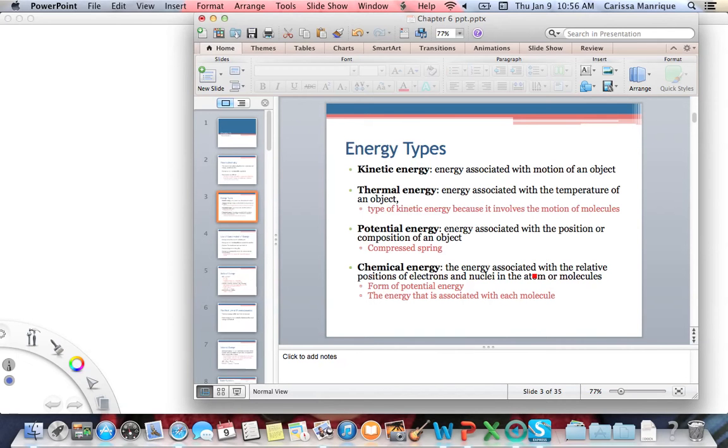We haven't reacted the chemical yet, but it has the potential to react and transform into kinetic energy. So it's the energy every chemical has that can be released when it reacts. There's the energy of when it's actually reacting, which is called thermal energy, and the potential energy we call chemical energy that it could have once it does react.